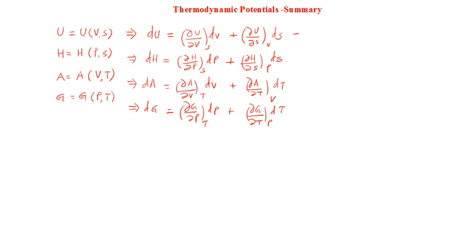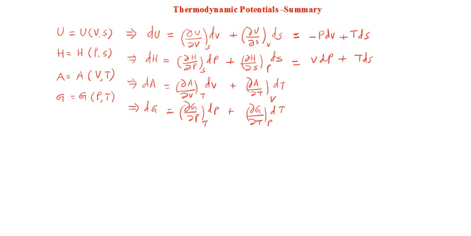Now this equation is equivalent to, that's what you have to remember, minus P dV, this already we have seen, minus P dV plus T dS. This equation is equivalent to V dP plus T dS.